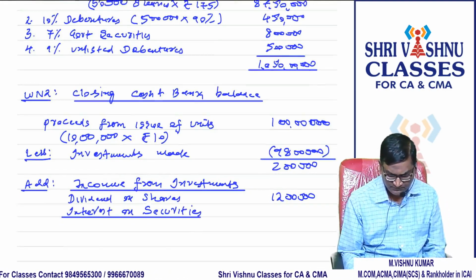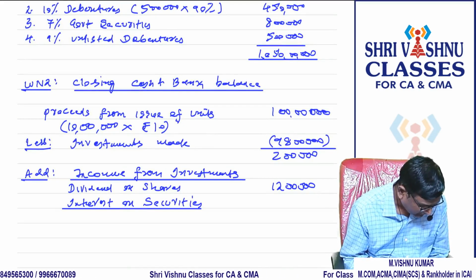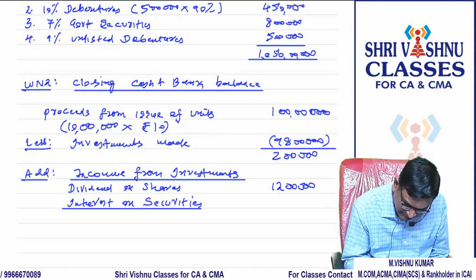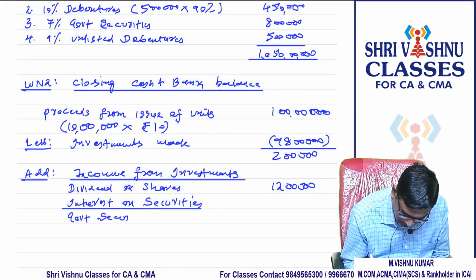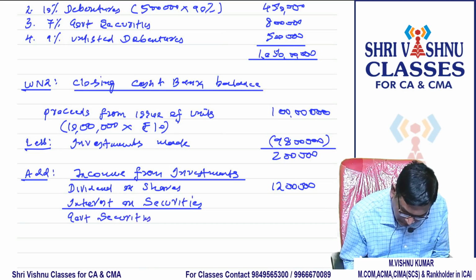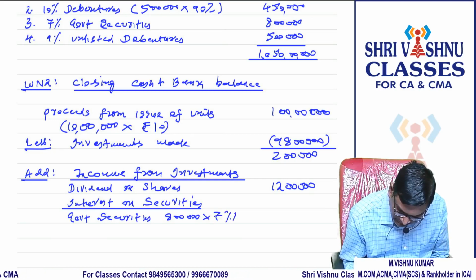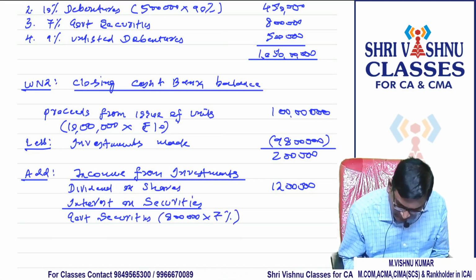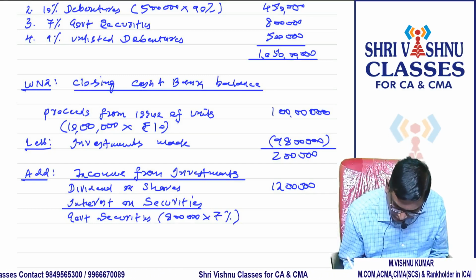In interest on securities, first government securities, 8 lakh rupees at 7% interest rate, 56,000.